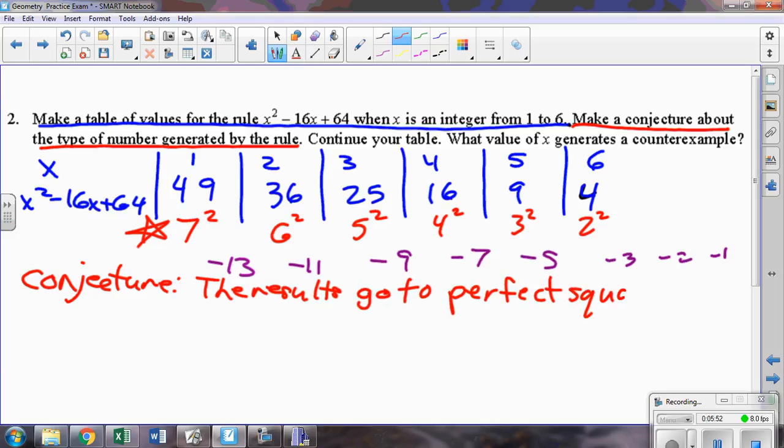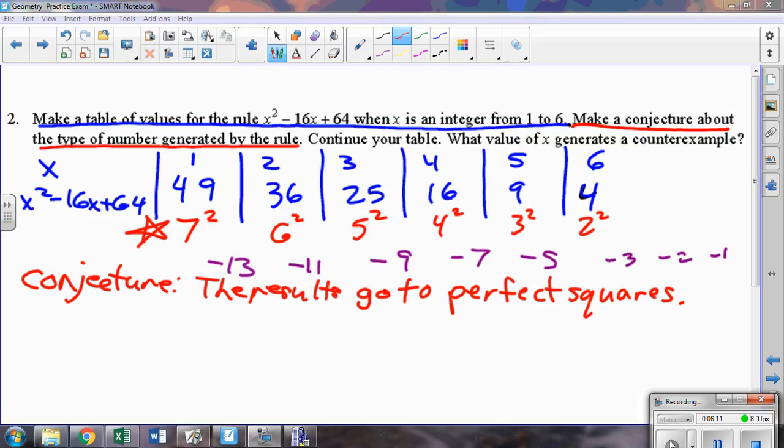We could say something like the results are going to be perfect squares. We could say something like each one is a square of a smaller number. Whatever guess you make is going to be up to you. I can't tell you what observation you'll see or what you were thinking.